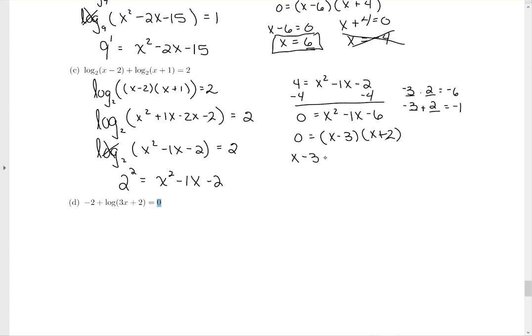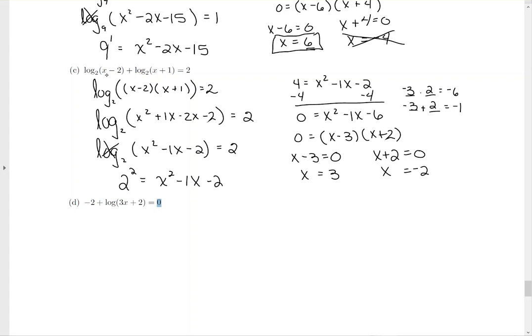Set each of those little parentheses equal to 0, solve for x. And once again, you've got to check your answers, and it seems like that negative answer is probably not going to work. There's a good chance that one's not going to, but it's not always. So you do have to check.